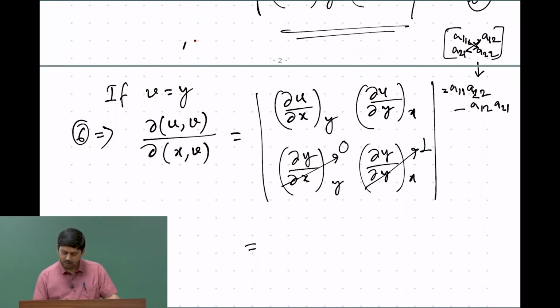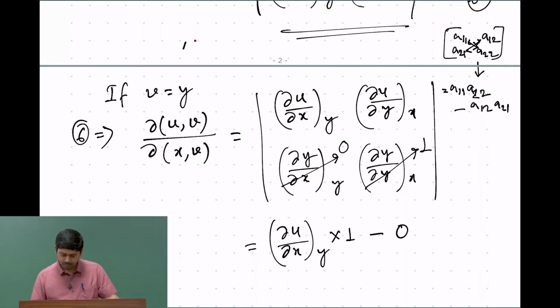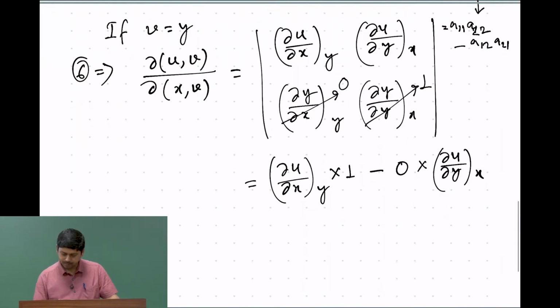So, similarly, here it will be del u by del x at fixed y into 1 minus 0 into del u by del y at a constant x. So, it will give you del u by del x at a constant y.